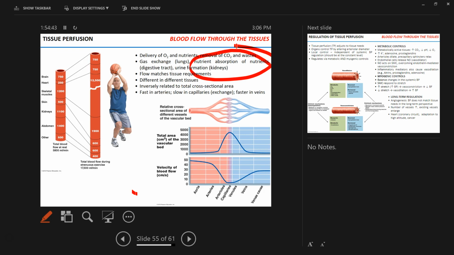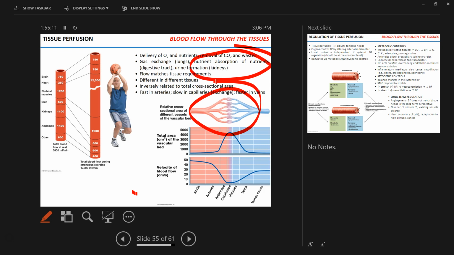So when we talk about perfusion, we refer to capillaries, right? Capillaries, if you ever saw a river, like a mountain river, when it goes through its regular bed, which is pretty narrow, it goes violently and very fast.